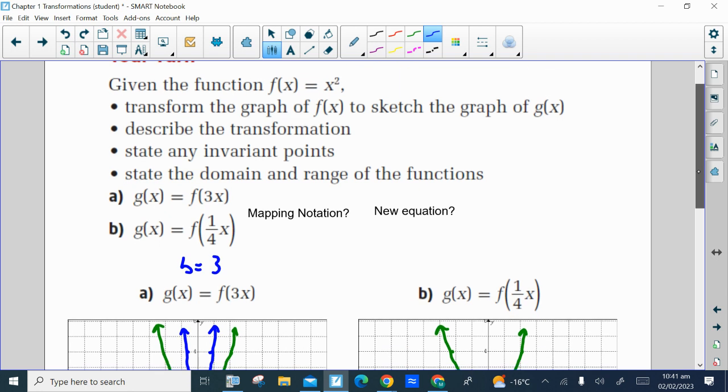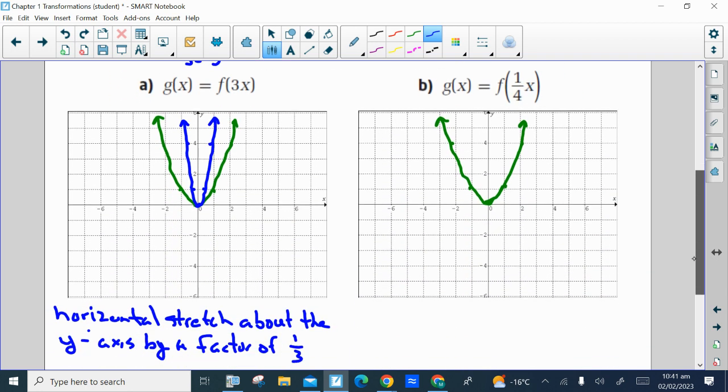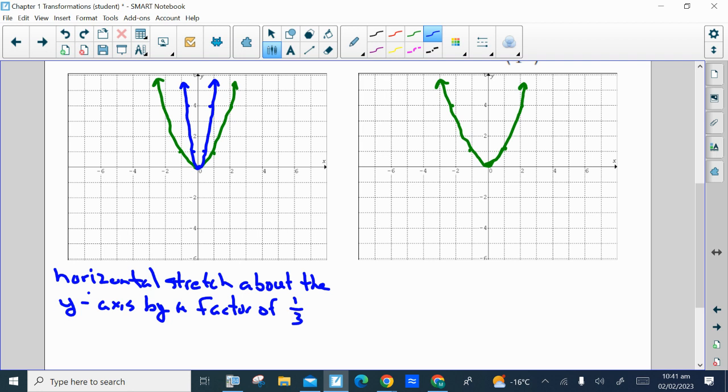So we've graphed it, we've described it. Our invariant point here is the point 0, 0. Horizontally stretching about the y-axis, so the y-intercept is invariant. And in this case, it just so happens that it's also the x-intercept.